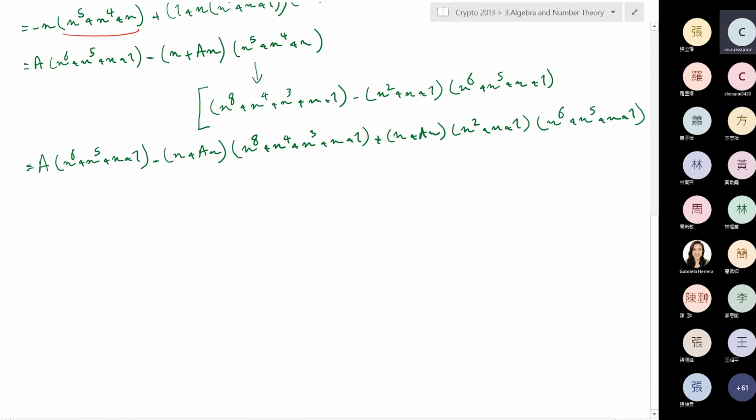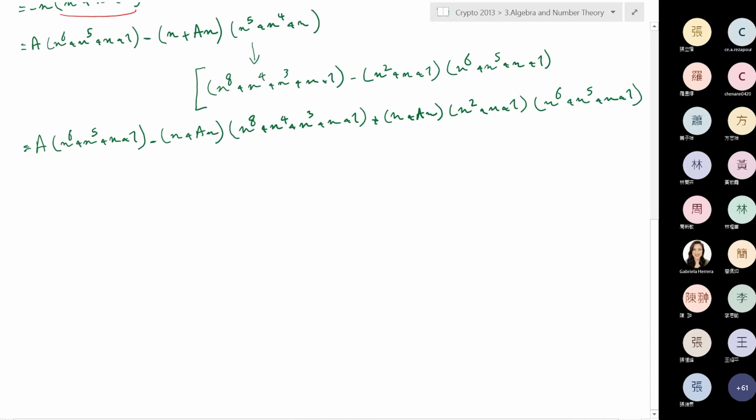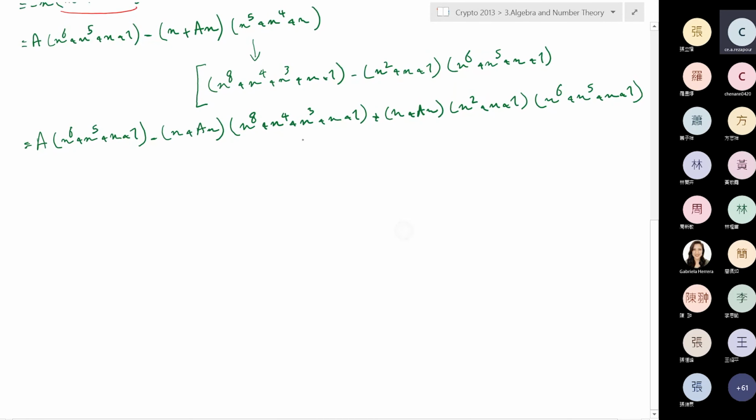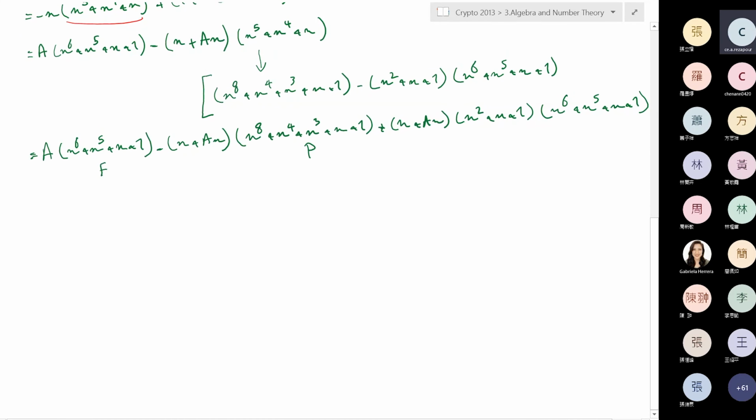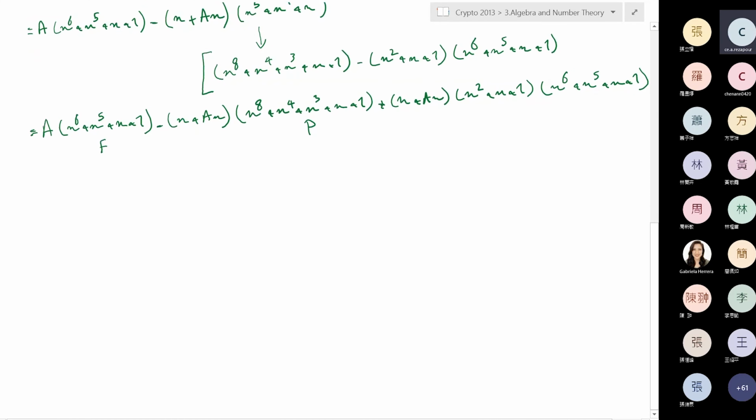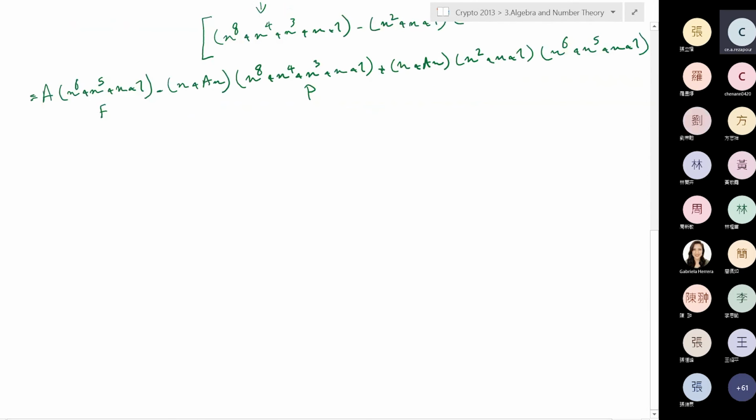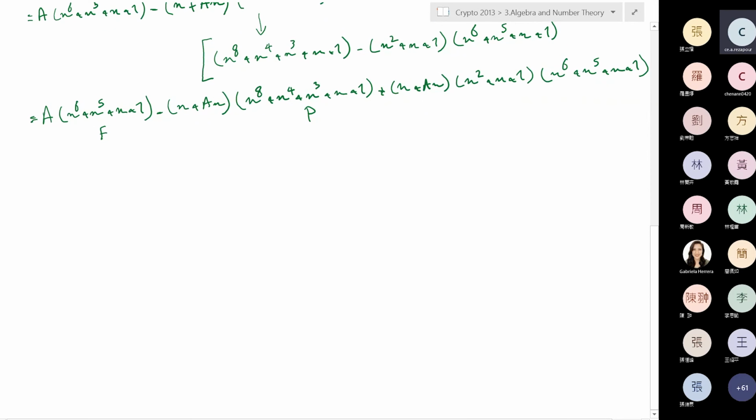If we do some rearranging over here, this is our p, remember, and this is our f. So we need to find some c times f plus p times d, right? So that suggests that I need to keep f over here, and I would write whatever is correlated to that. So I will keep x^6 plus x^5 plus x plus 1. And if I get a factor, I get a from here.